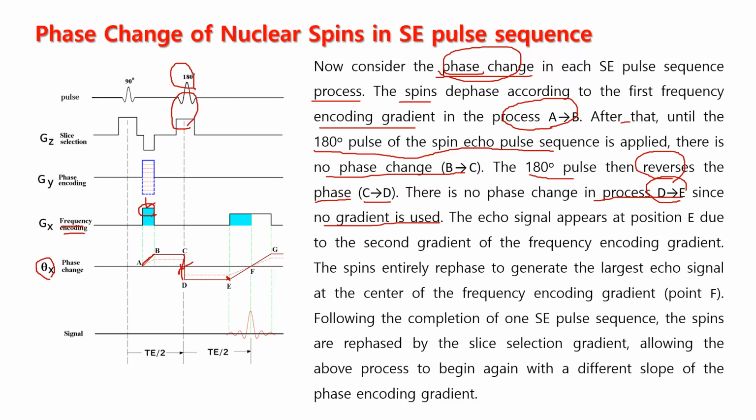The echo signal appears at position E, at this position, at the moment the second frequency encoding gradient is on.